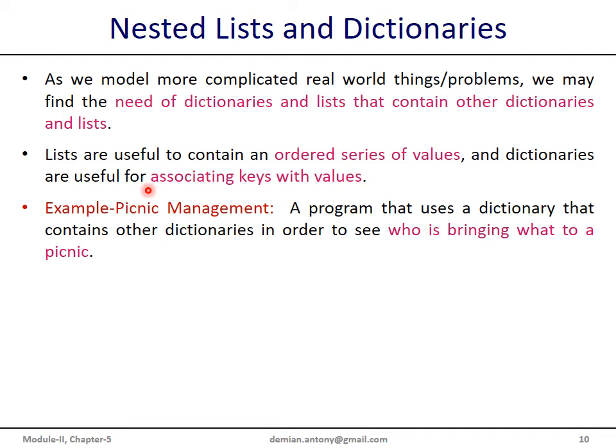Let us take up the real world scenario of arranging a picnic. Let us say 10 members are going for a picnic, and we need to automate managing the food items brought by the individual people, and we need to display the total items brought by all these people.